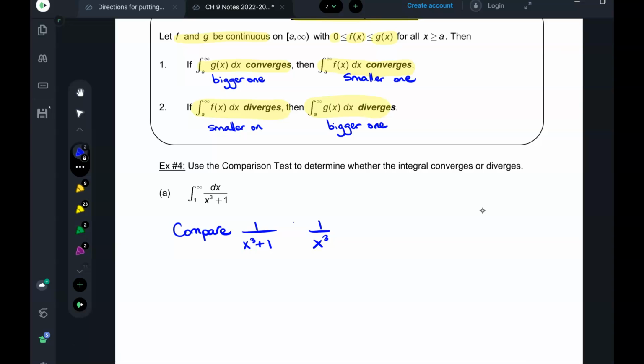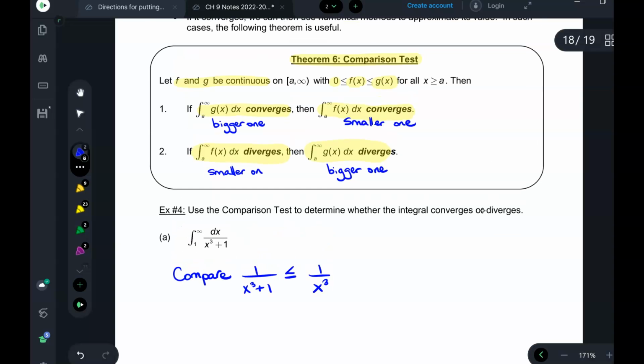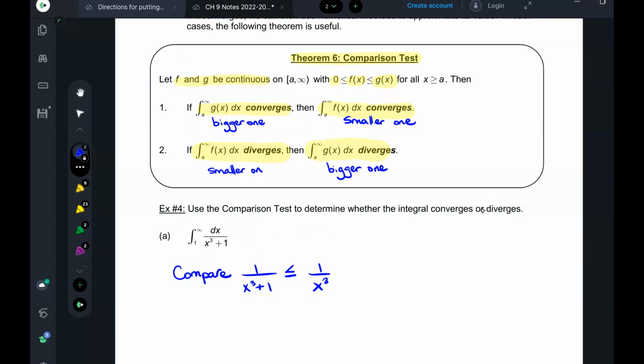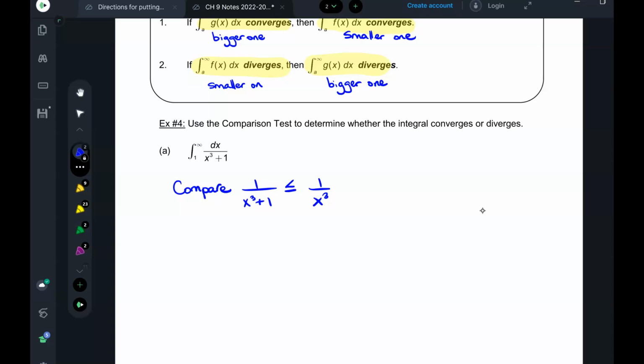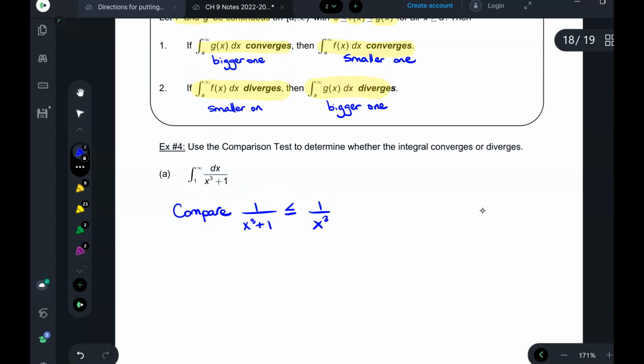Now 1 over x cubed plus 1 has to be less than or equal to 1 over x cubed, because adding 1 will make that denominator bigger, which will make the whole thing smaller. So what I'm going to try to do is show that 1 over x cubed converges. Right? So let's take a look.